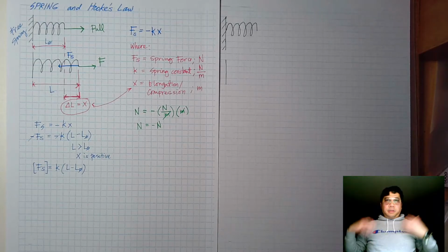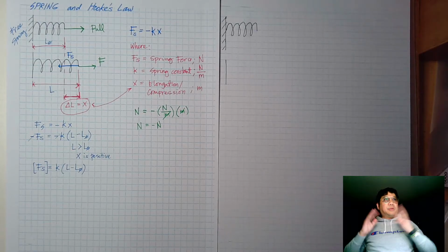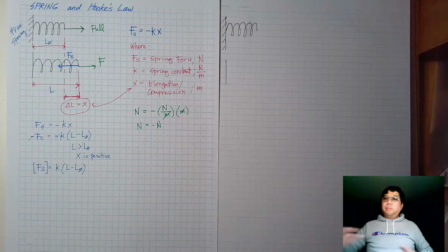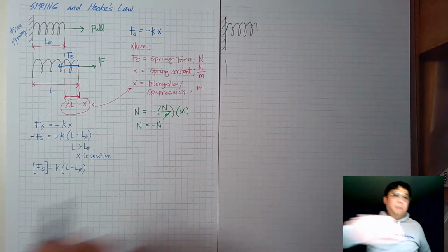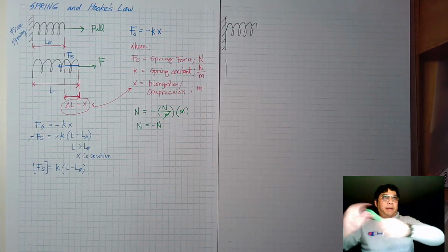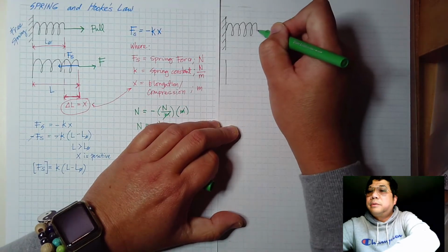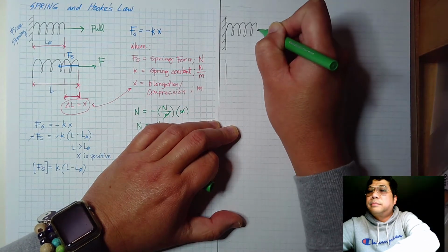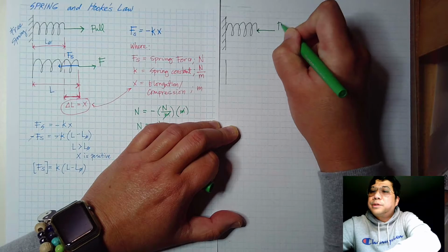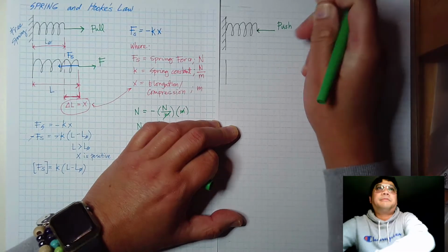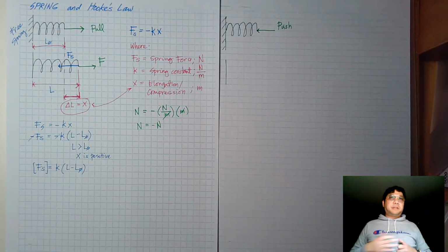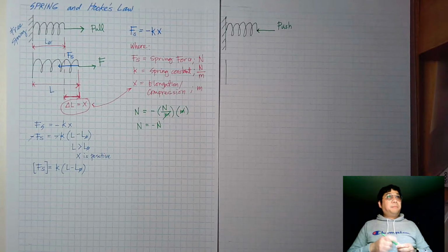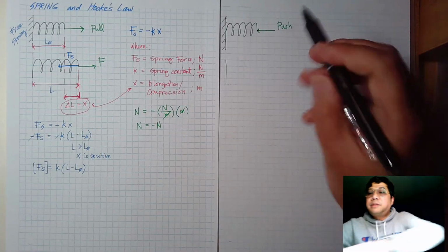Now let us continue with the analysis. So this time, what I'm going to do is to apply force to the left. So instead of pulling this, I will be applying a pushing force. So I will push this to the left. So now I'm trying to compress the spring. And what will happen to the spring once you compress this?